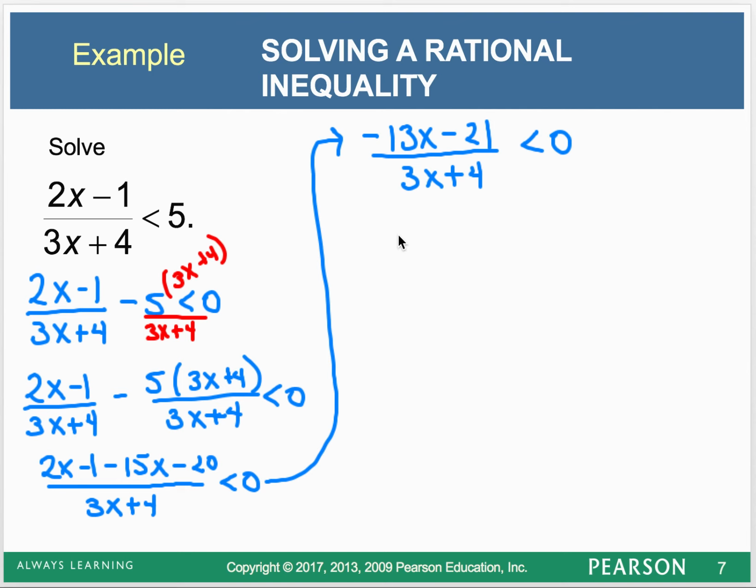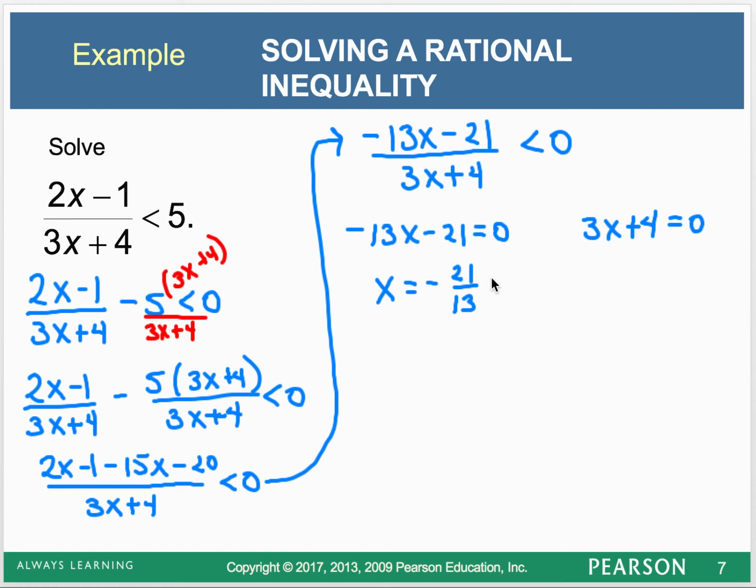Now I just want to know, what makes the numerator equal 0? Because that's where it could change signs. And what makes the denominator equal 0? Because that's another place it could change signs. So over here, this would give us x equals negative 21/13. Add 21, divide by negative 13.